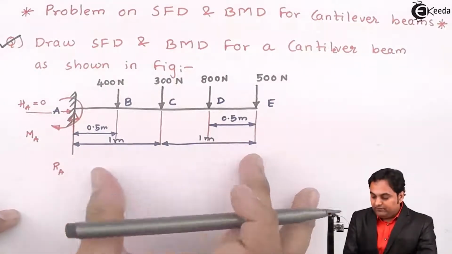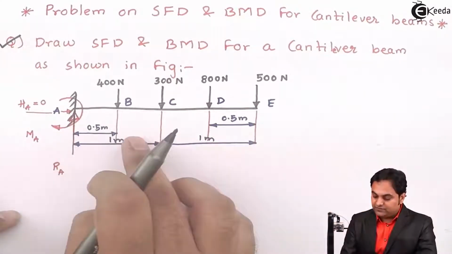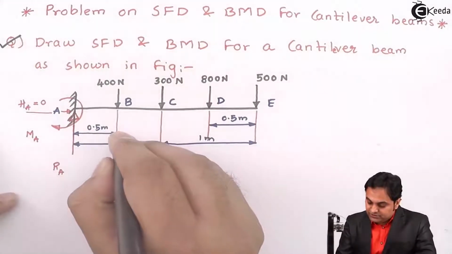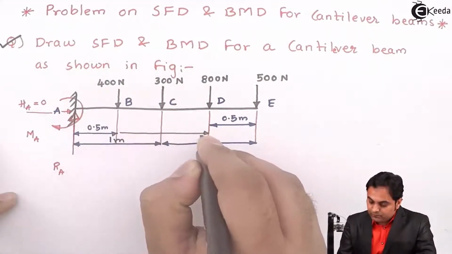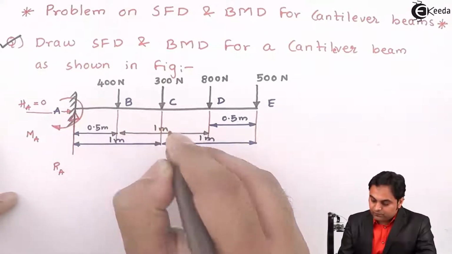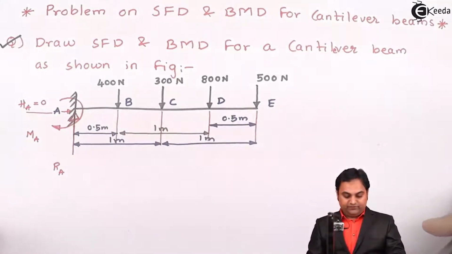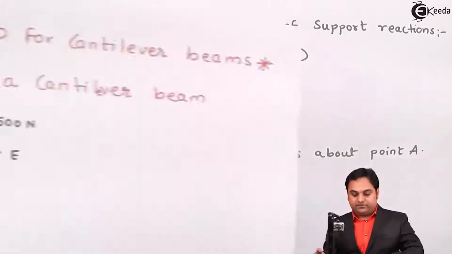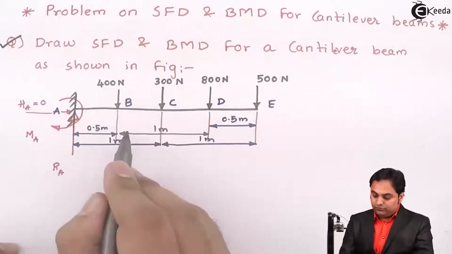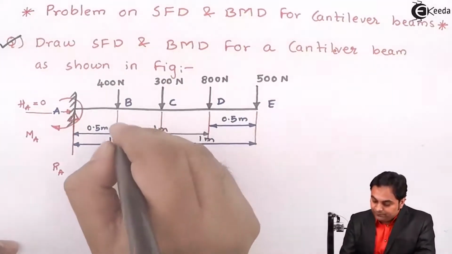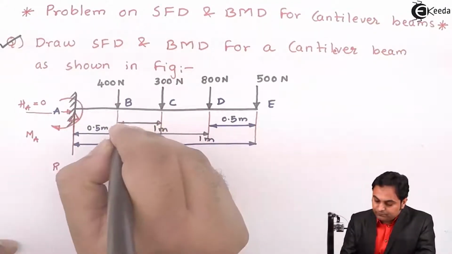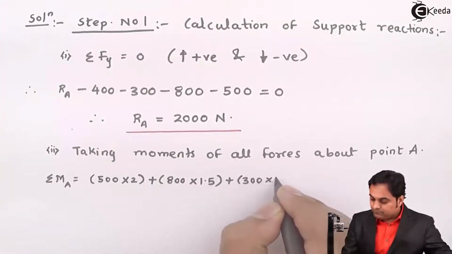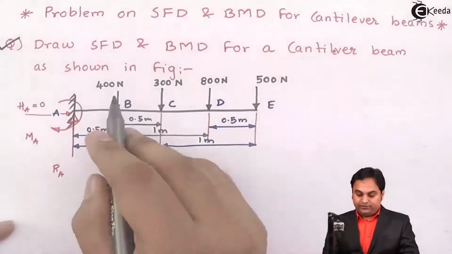So from 2, if I subtract 0.5, that will give me the distance from point A, that is 1.5 meter, because this distance is 1 meter. So it will be 800 into 1.5. Next, 300 into 0.5 plus 0.5, that is 1.